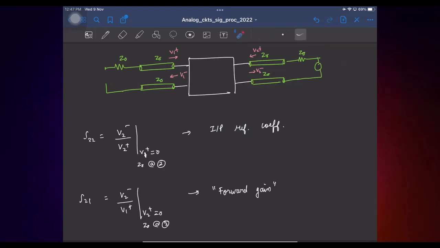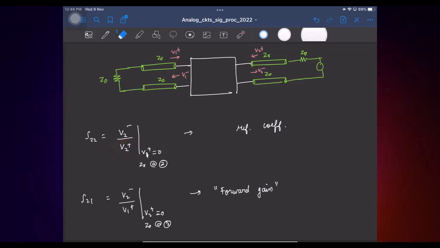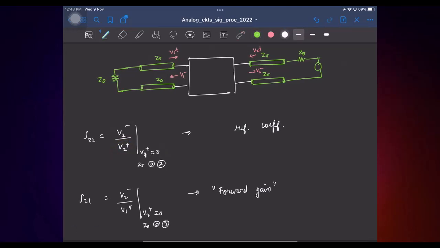And I want to make sure that V1 plus is 0. So when I launch signal here, this goes. I don't want V1 plus to come back. So this guy must be terminated with Z0. And this is the fraction of the V2 plus that gets reflected. So this is the output reflection coefficient, right?